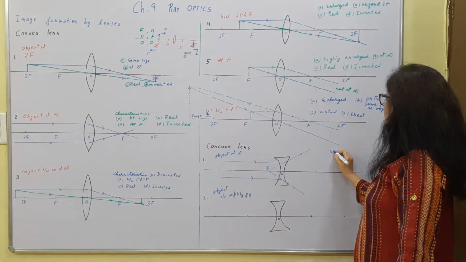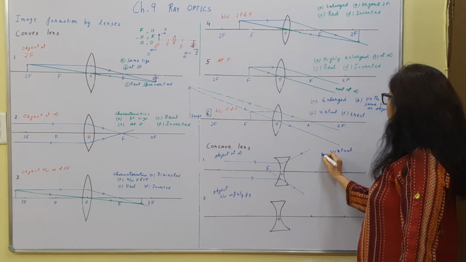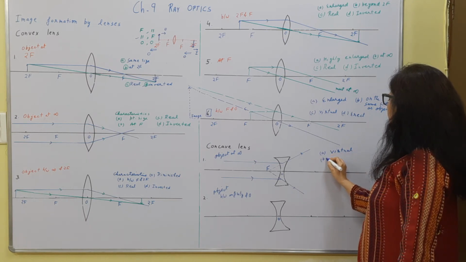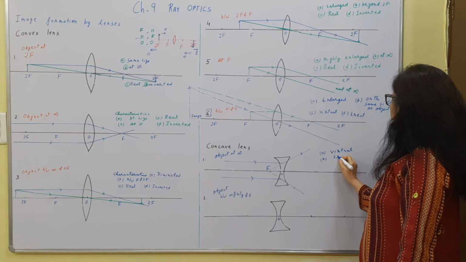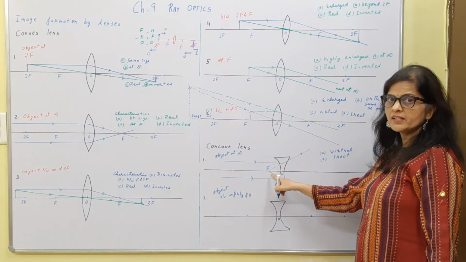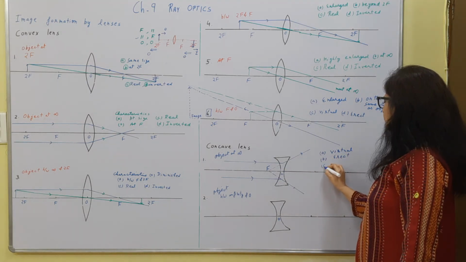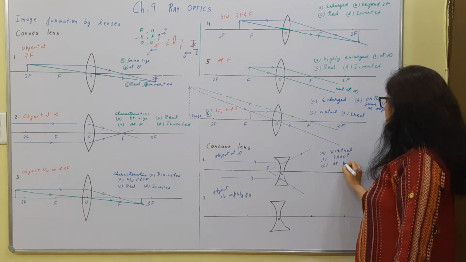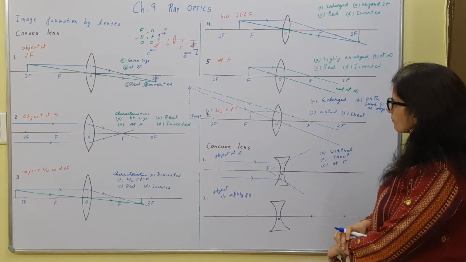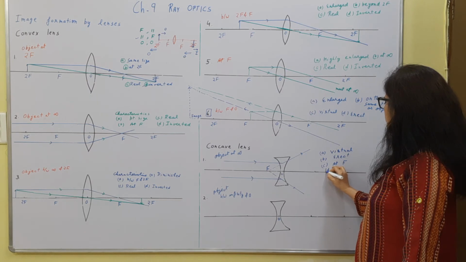This is virtual, erect. Why virtual? Because we needed to extend it to find the point of meeting. This is erect, and then this is formed at F, and this is point size also.